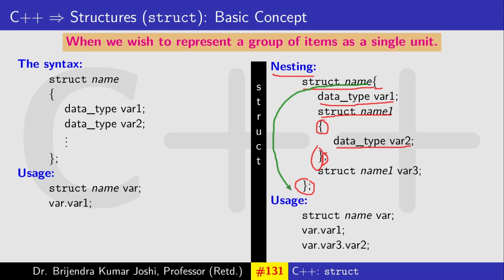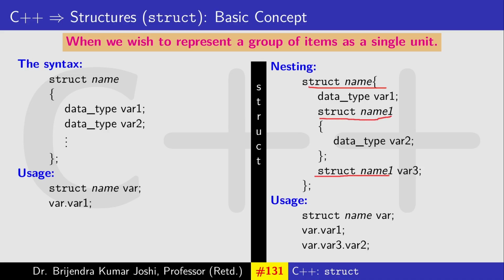But one thing to be noted is that if you wish to make use of this structure, before you can create a variable of this type, this structure name 1 has to be instantiated, and it should have a variable of that type. So I have done it here.